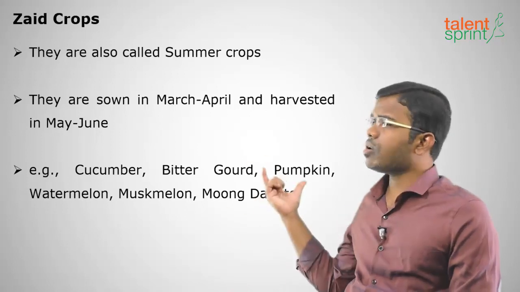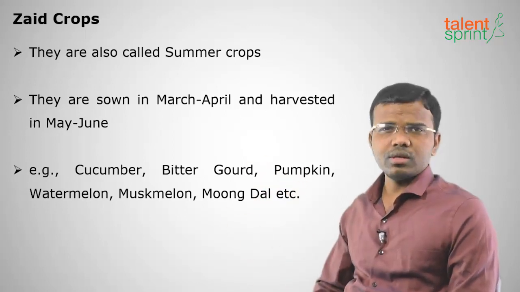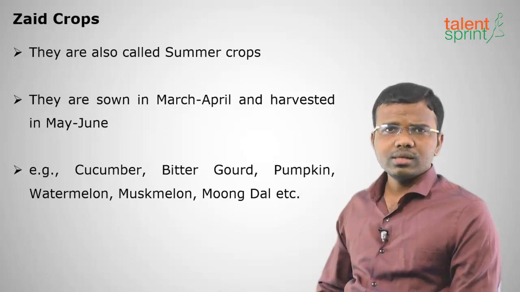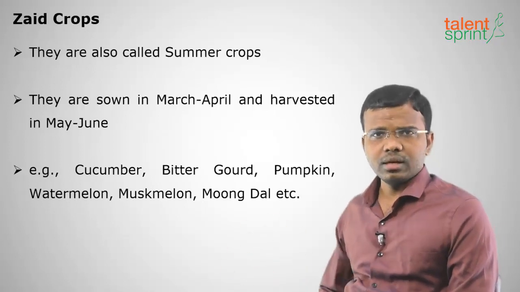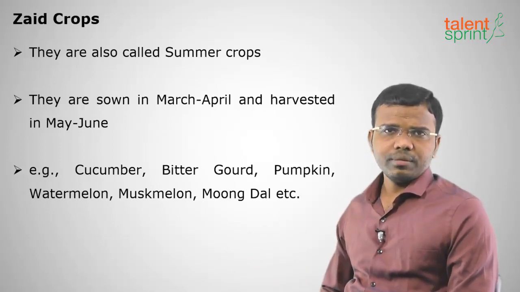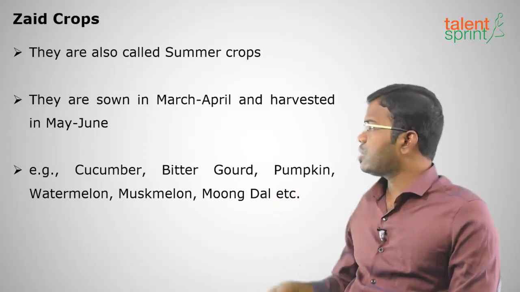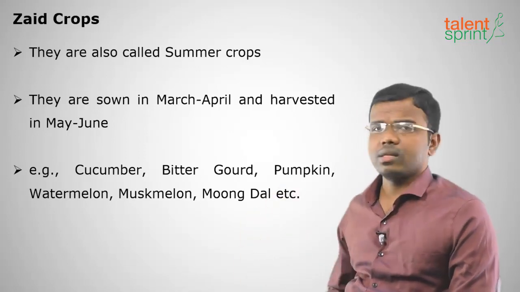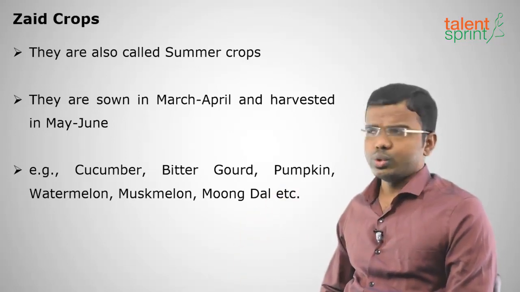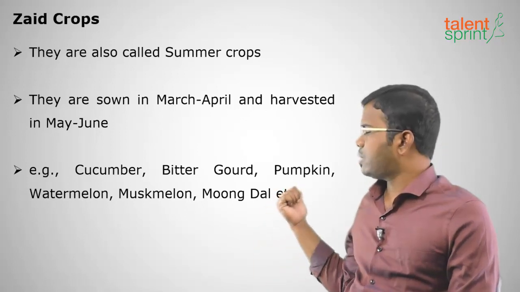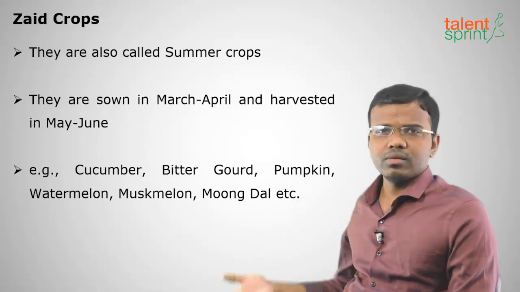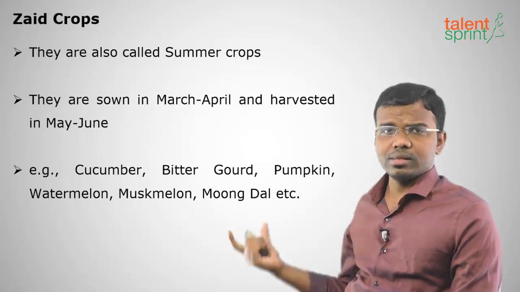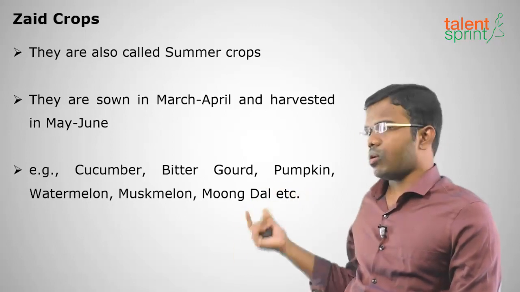So generally these are called fruit or summer crops. Generally most of the fruits are grown in summer, like watermelon, muskmelon, mangoes, etc. Right? So they are sown in the month of March to April and harvested in the month of May to June. Cucumber, bitter gourd, mangoes, muskmelon, watermelon, these are the very best examples of Zaid crops.